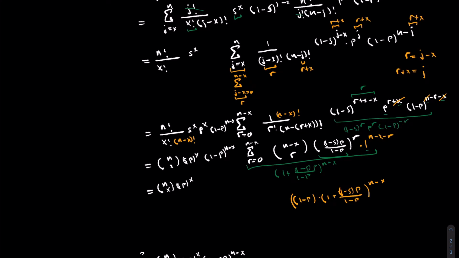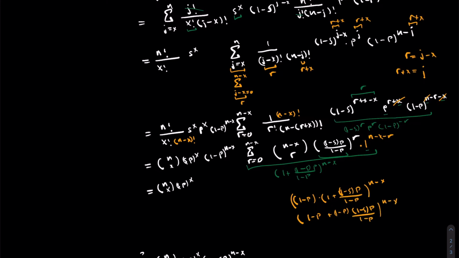Now focusing on this business inside the parentheses, you can just multiply in the 1 minus p. We have then 1 minus p, and then we have plus 1 minus p times s p over 1 minus p.